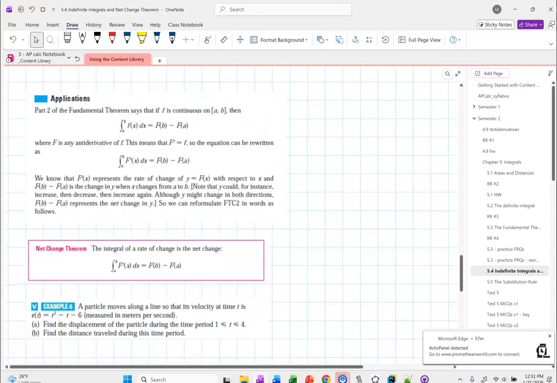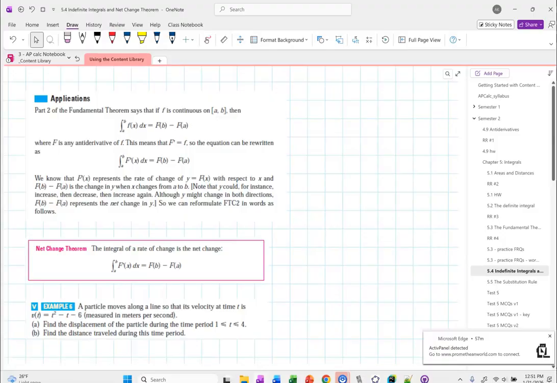Final idea for 5.4 is this idea of net change being related to an integral. So if I think about this as the integral of velocity with respect to time, right? The antiderivative of velocity is position, right?